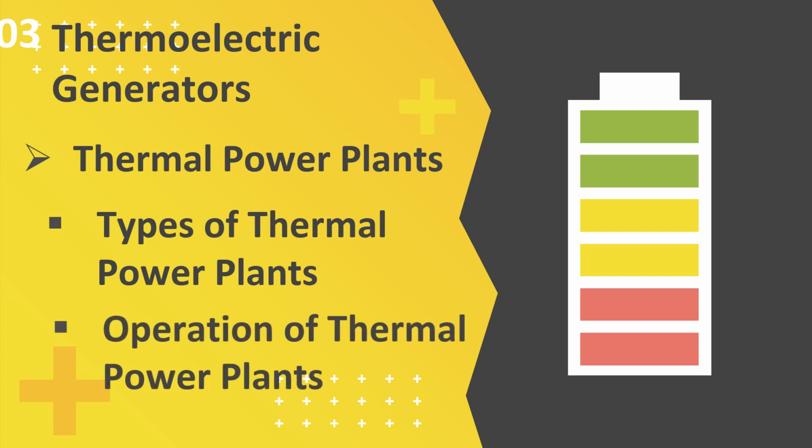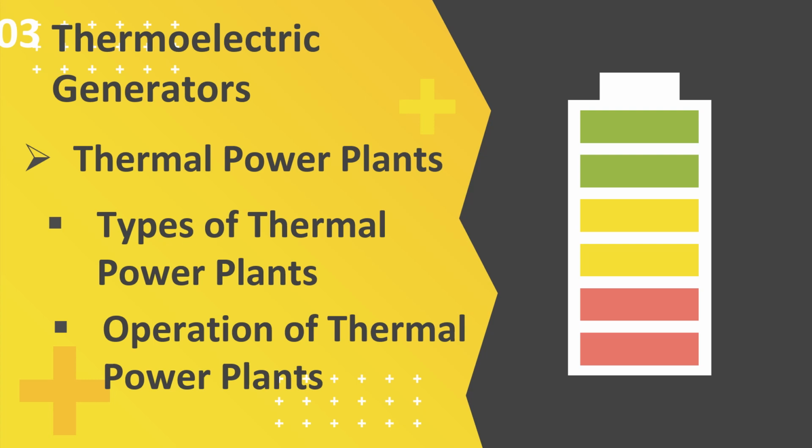The operation of a thermal power plant involves several key steps. Fuel combustion: the fuel, such as coal or natural gas, is burned to produce heat. Heat conversion: the heat energy is used to convert water into steam. Steam turbine: the high-pressure steam drives a turbine, converting the thermal energy into mechanical energy.